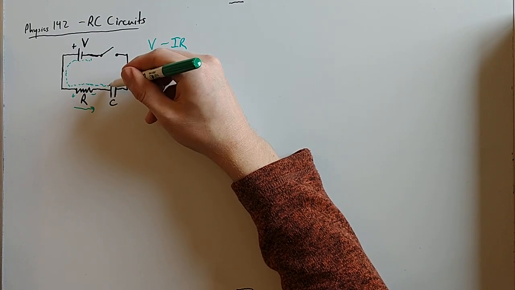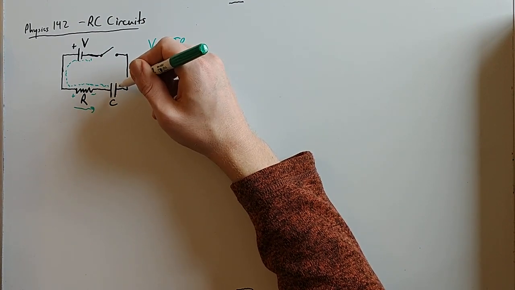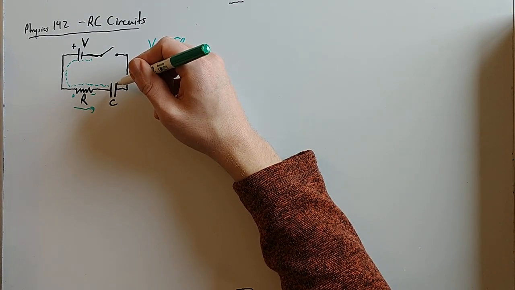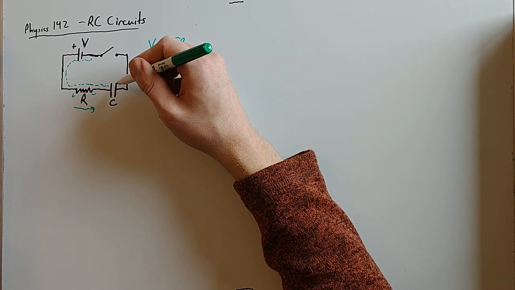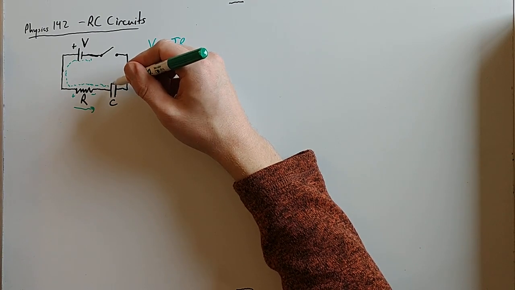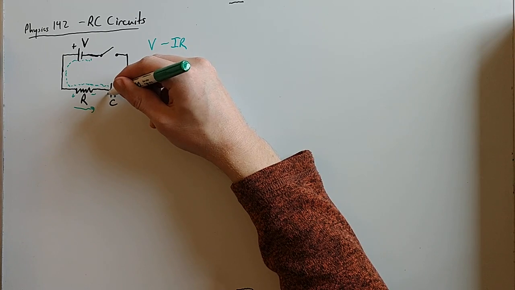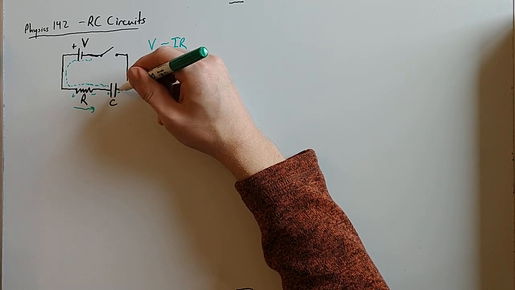And then we get to the capacitor. Well, how do we deal with going across the capacitor? Capacitors, remember, they have plus Q. This is the plus side, this is the minus side here.